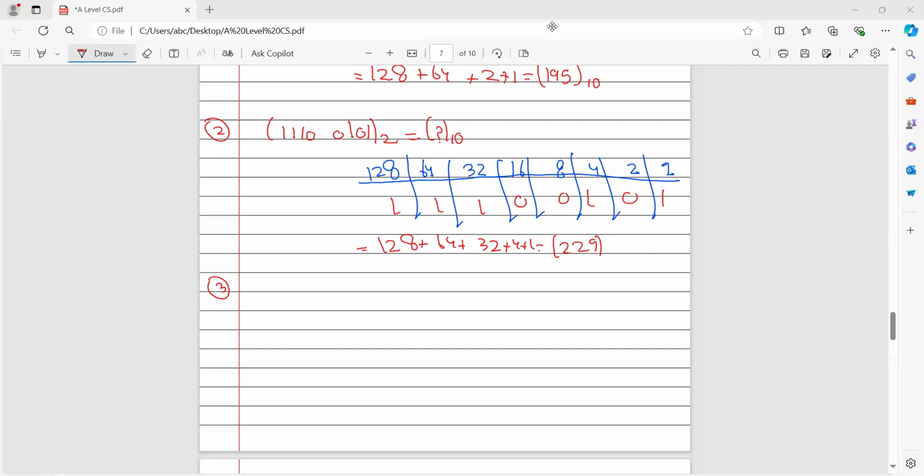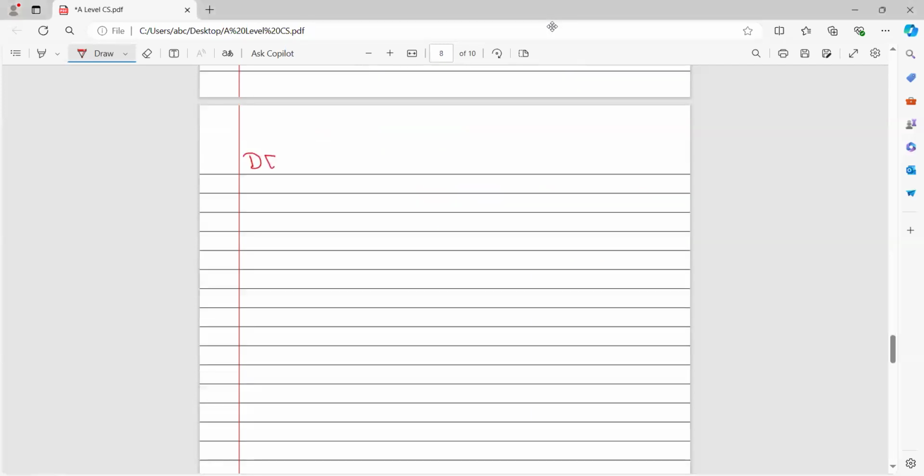The second conversion that we will be discussing is converting from a decimal number to a binary number. That means now I wish to convert from base 10 to base 2.